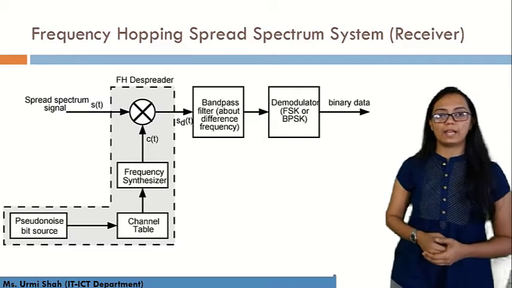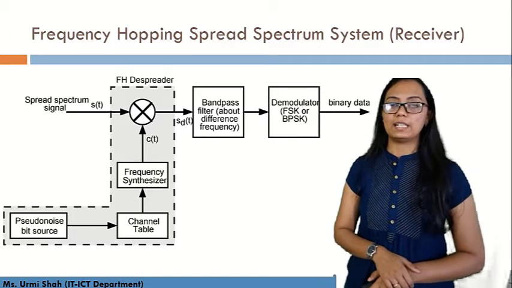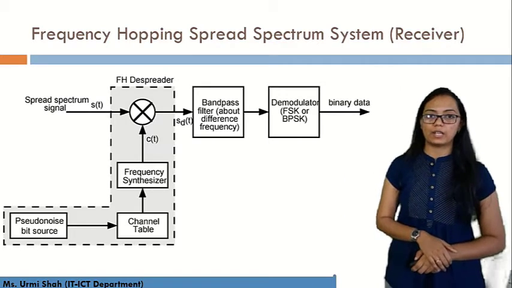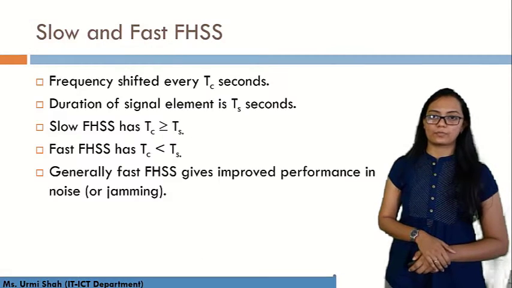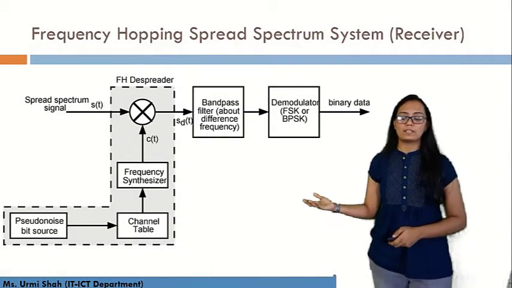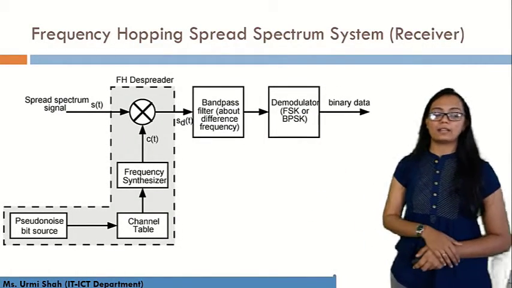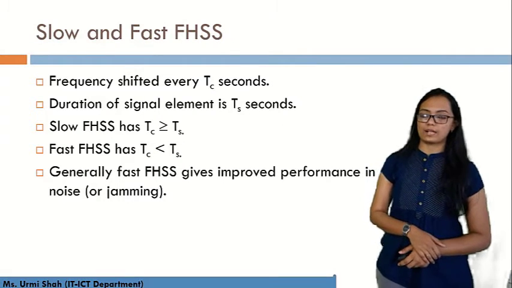Now let's move ahead with the next topic in this sequence, which deals with another kind of technique we will be using in our spread spectrum. Based on how the receiver circuitry works, we have an analysis of whether it is slow or fast.